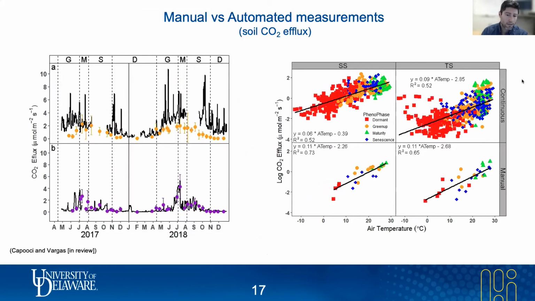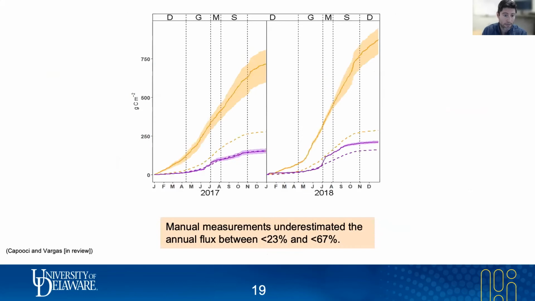But going back to the idea that maybe there are some functional relationships that are similar from manual measurements and automated measurements, even if you miss this very high frequency variability of diel patterns. If these functional relationships are comparable, and I model the fluxes, maybe I can get to a similar number for carbon accounting.